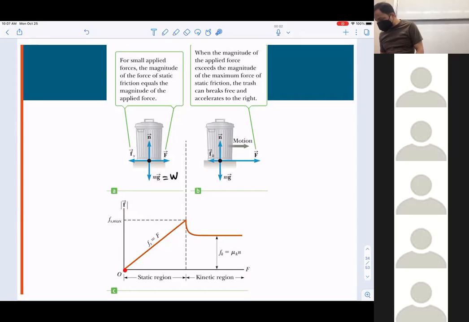Then all of a sudden, you apply some non-zero force F. Then immediately a force of static friction appears of exactly the same magnitude. And as you increase your applied force, the force of static friction also starts to increase in this particular fashion, so that the magnitude of the force of static friction is always exactly equal to the force that you are applying, as long as the trash can is not moving.